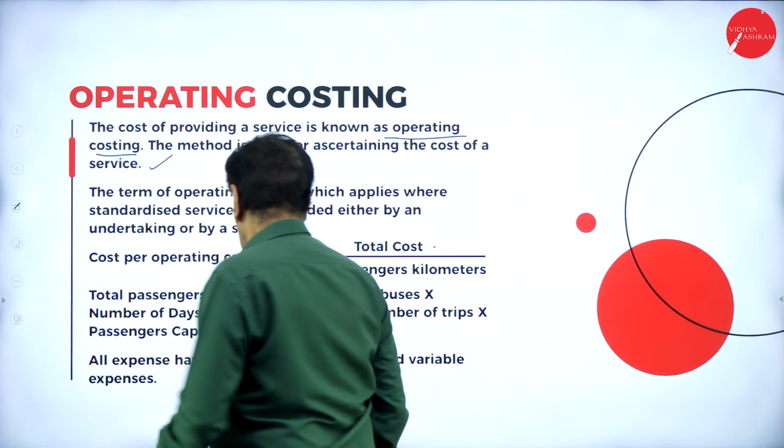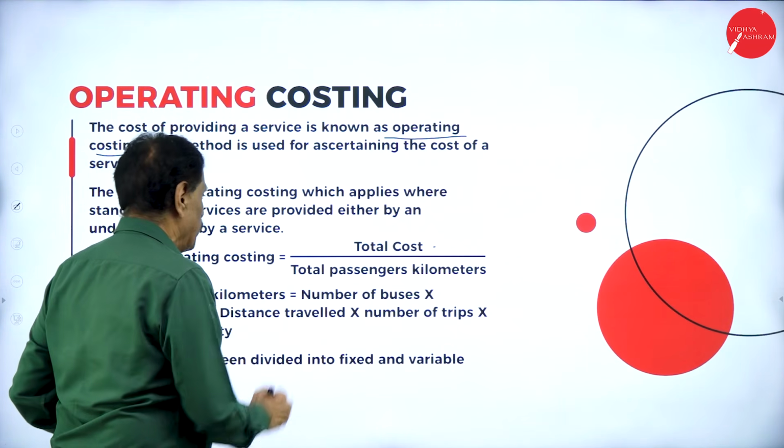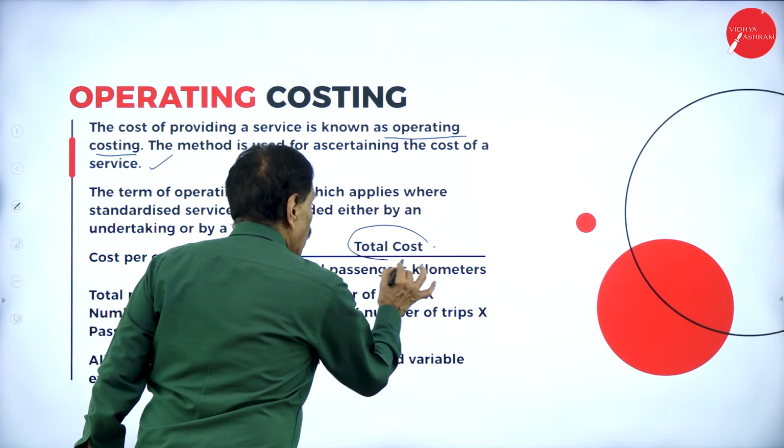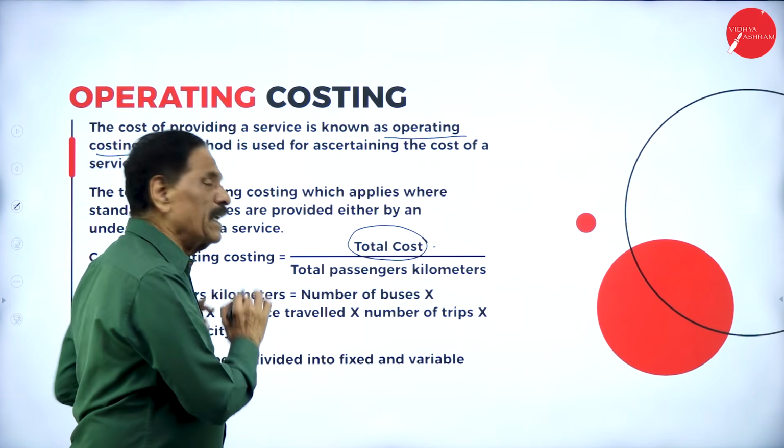Here, in total cost, all expenses have been divided into fixed and variable.